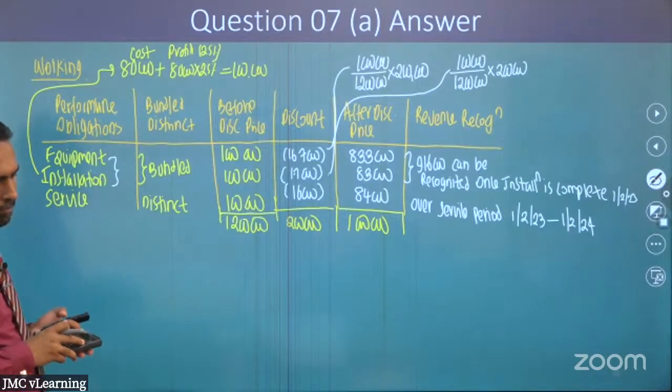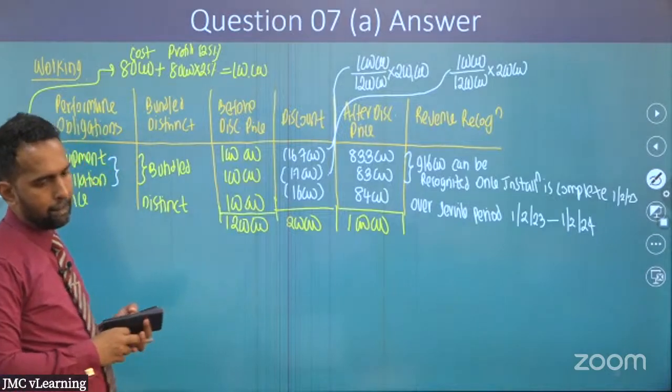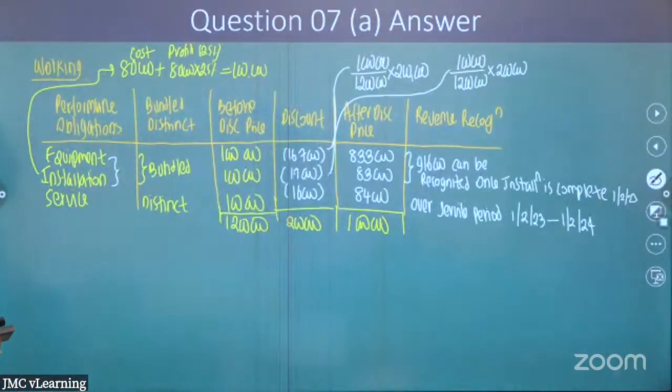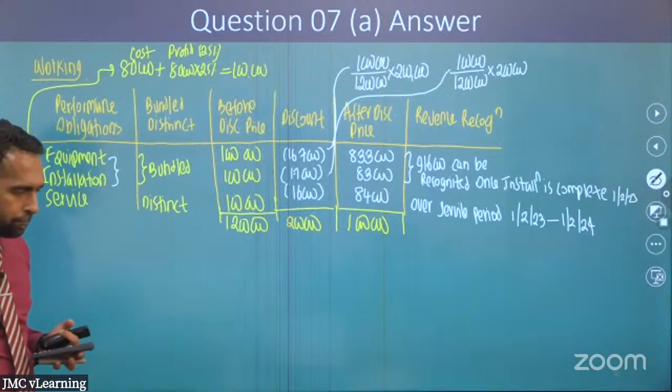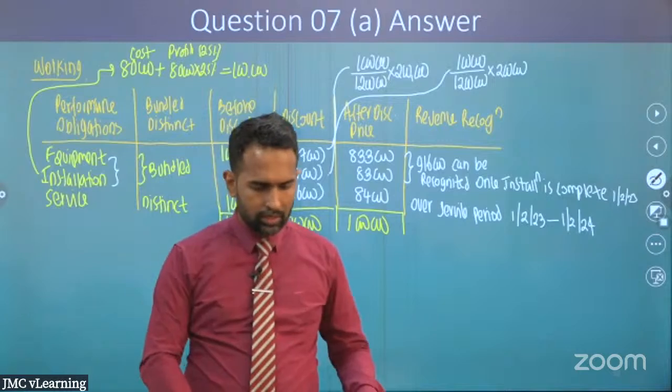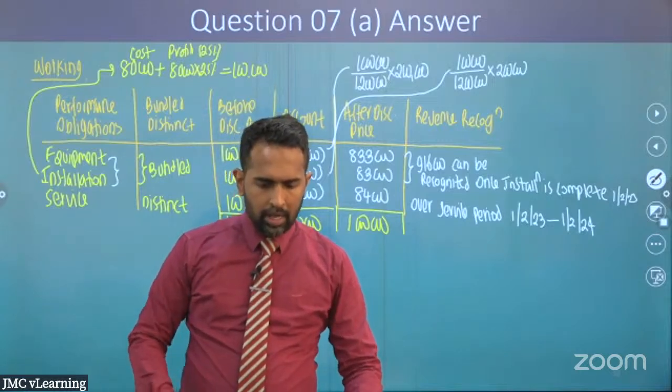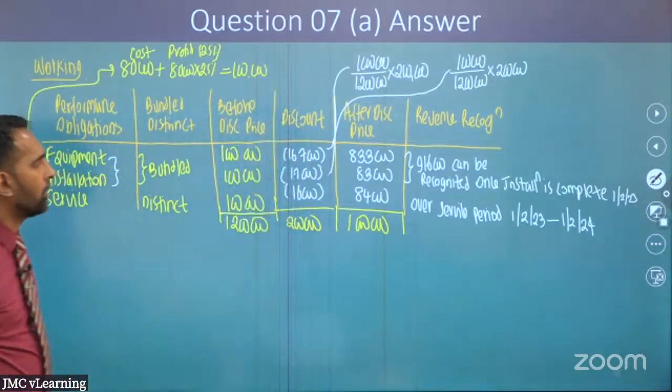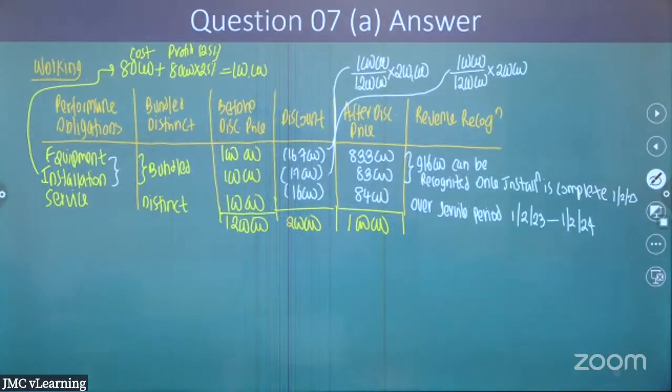Okay. But still we are at a working. It's not the answer. No, this is not the answer. This is just a working. Still we haven't done the answer, but have you understood the part?